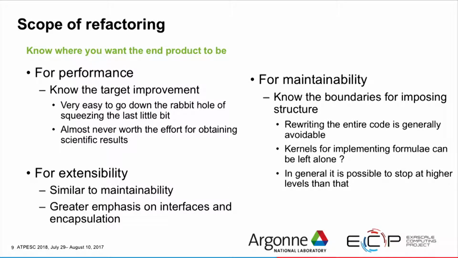Scope of refactoring. So it's important to know before you start the process of refactoring where you want the end product to be. For performance, you want to know the target improvement.